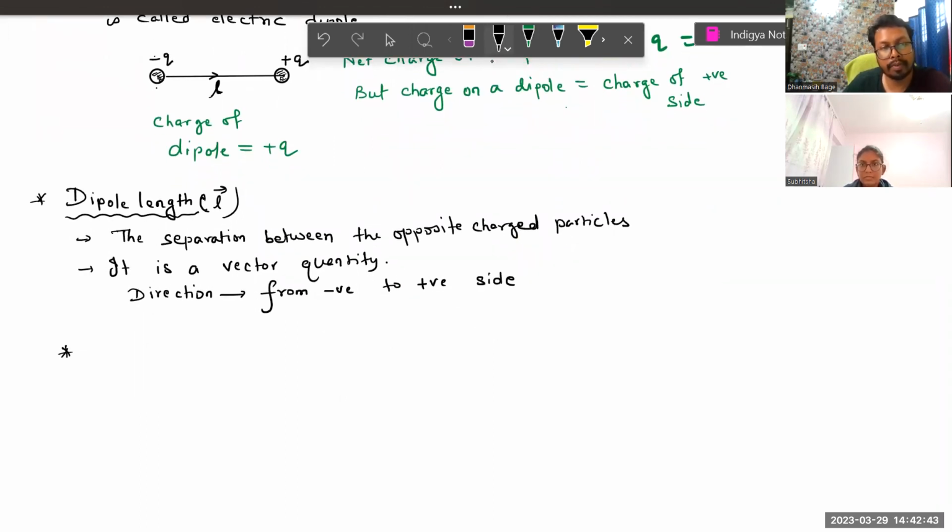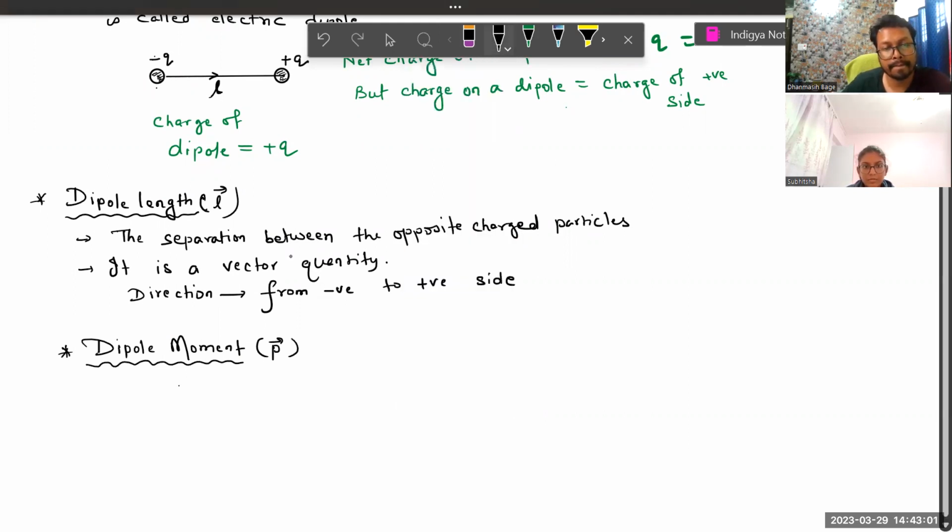Now there is dipole length, and dipole moment. Dipole moment P is defined as P equal to Q L vector.